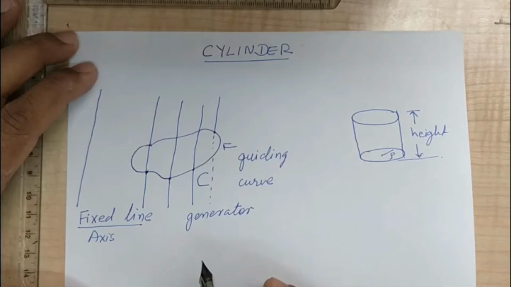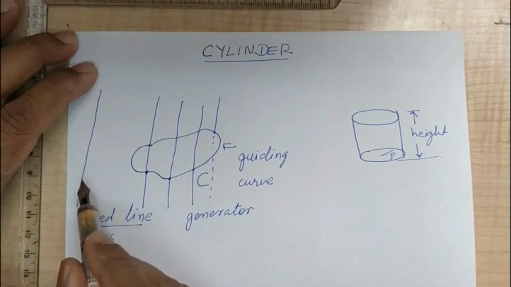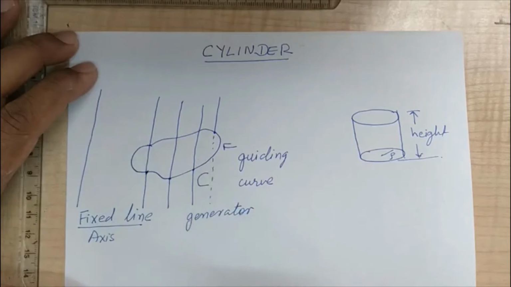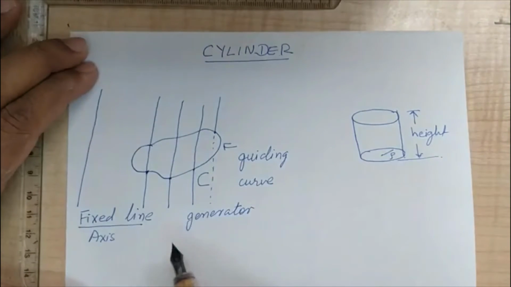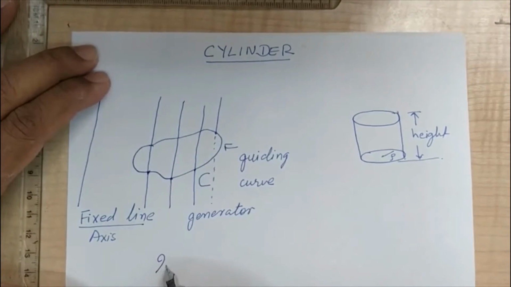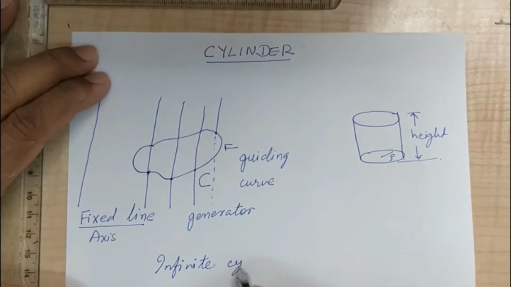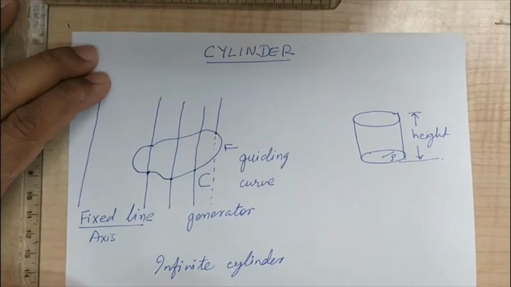And also, the axis may not be perpendicular to the plane of this curve, if at all the curve lies in a plane. The line is infinite in length, therefore this is an infinite cylinder. So one needs to keep these things in mind when one is discussing a cylinder in general.